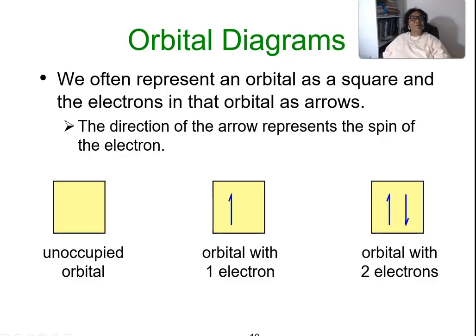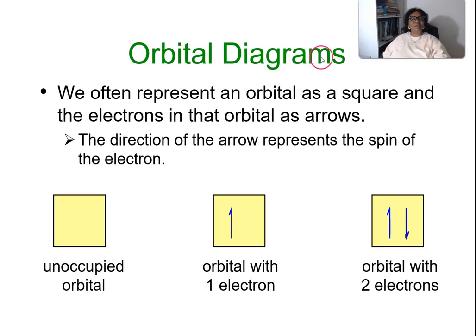We can also represent electrons as orbital diagrams. In orbital diagrams, we often represent an orbital as a square box, and the electrons in that orbital as arrows.